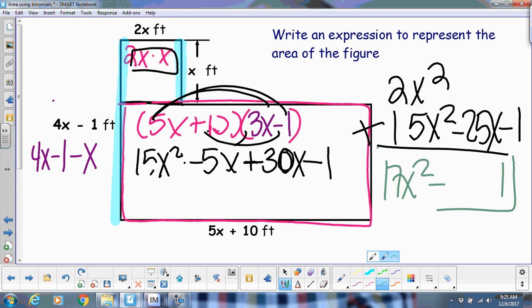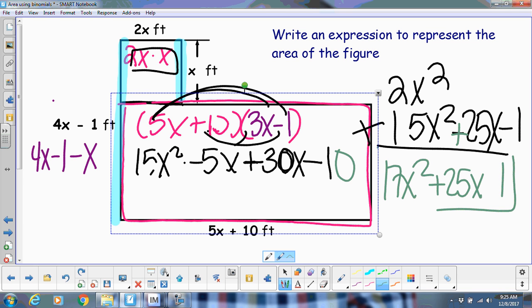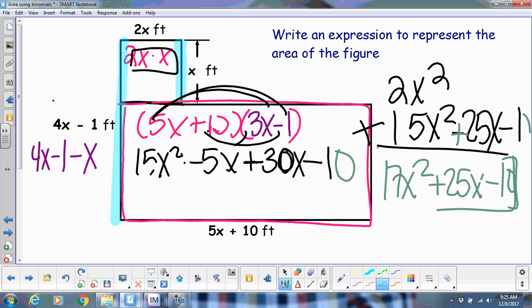What's wrong? Right. So it'll be plus 25x, right? Minus 10. See that little thing, that half thing threw me off. Well, I got it wrong because my board ain't right. There we go. Much better.